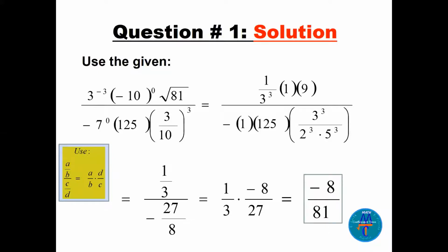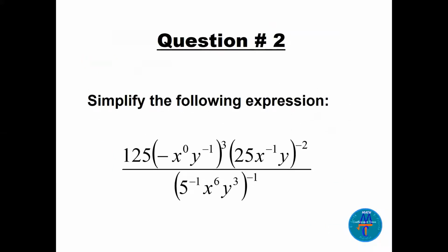Let's see another one. Simplify the following expression. There are many numbers there. I think you can take 1 or 2 minutes even to try this one. 125, read it carefully, minus x power 0, y power minus 1, all cubed in the bracket, 25x power minus 1, y all power minus 2, and then you can read the denominator.